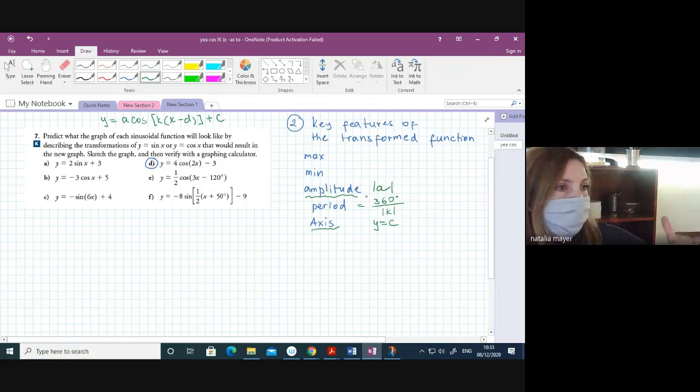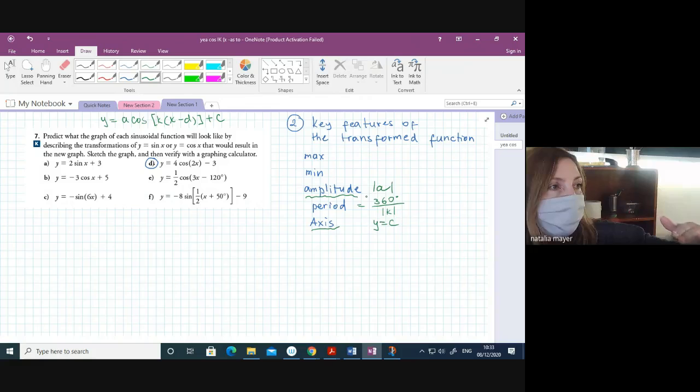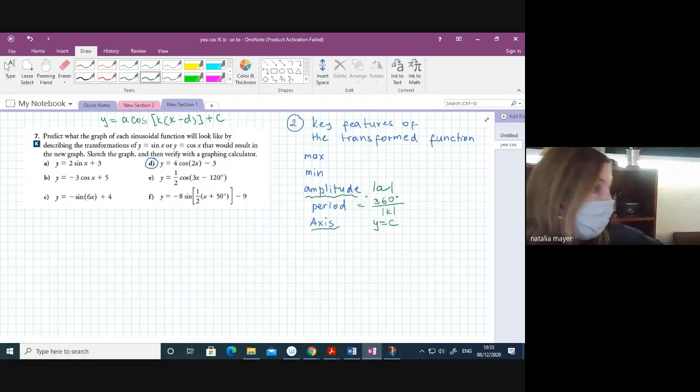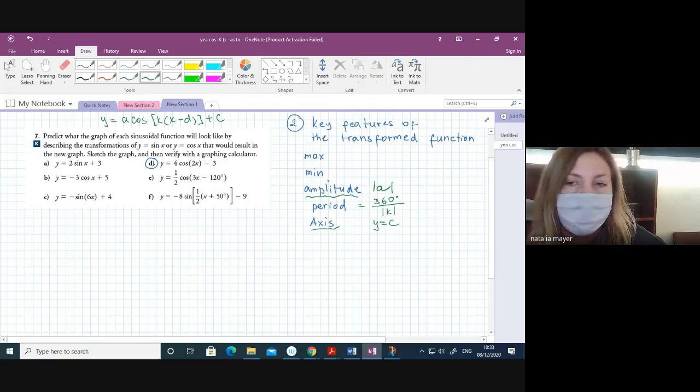Okay, so now how to find maximum and minimum if you know C and A? So maximum is when you go vertically up from the axis, or down. How far up is exactly the value of the amplitude. So it means that to get maximum, C plus A. Absolutely.